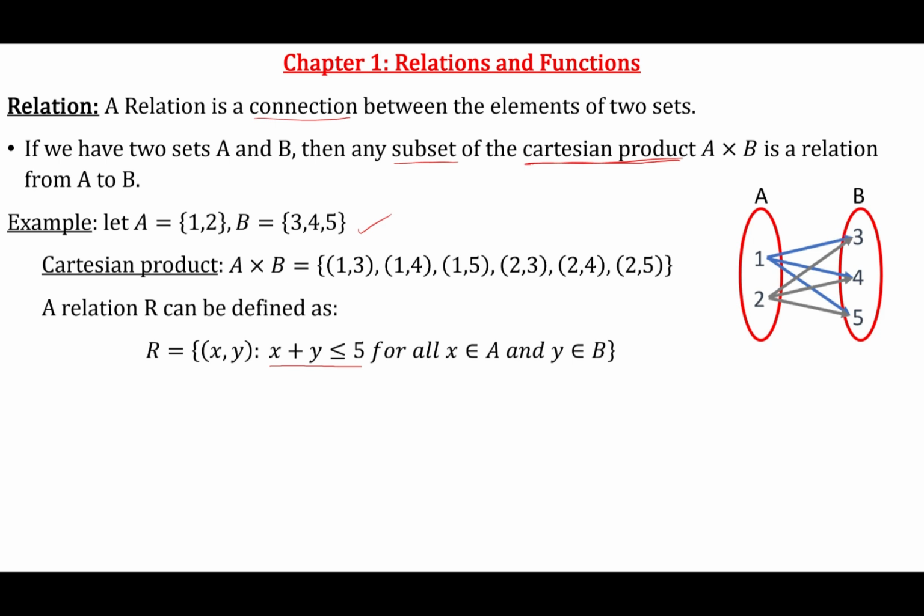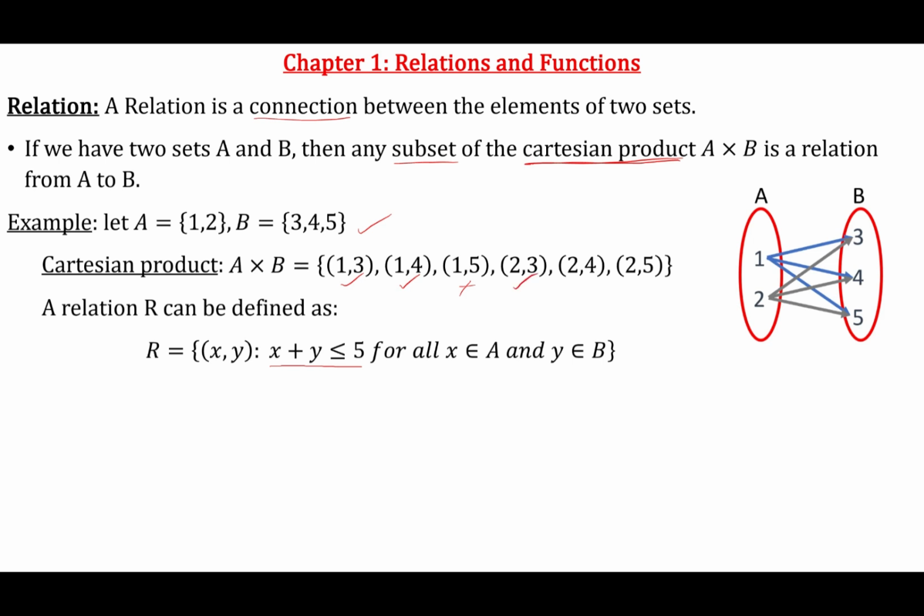So we take (1, 3), because 1 plus 3 is 4. It is in our relation. 1 plus 4 equals 5, it is in our relation. 1 plus 5 equals 6, this is not in our relation.